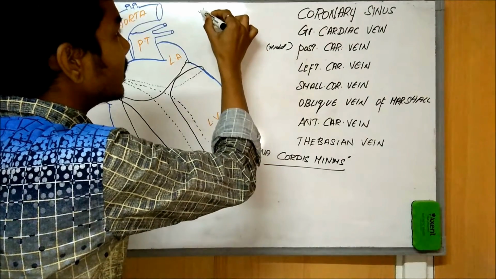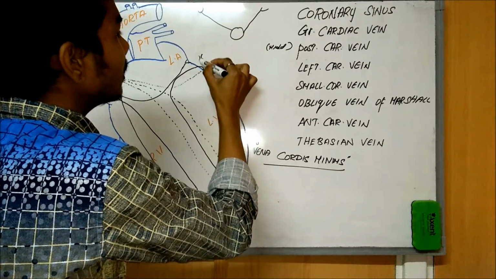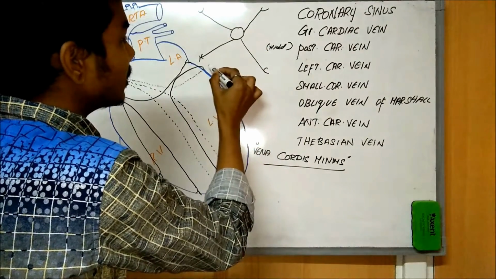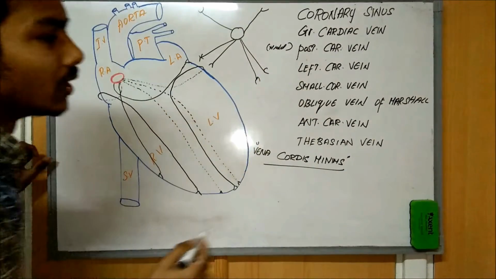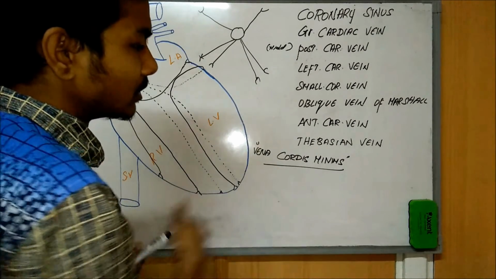These smallest veins which come from all over the heart drain into the coronary sinus. So these are called the thebesian veins.